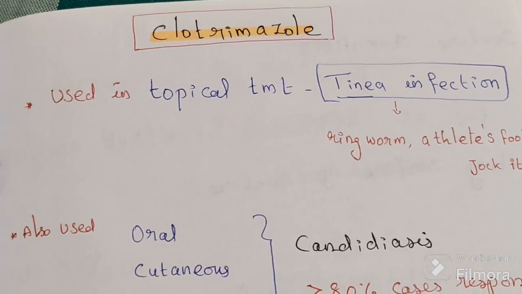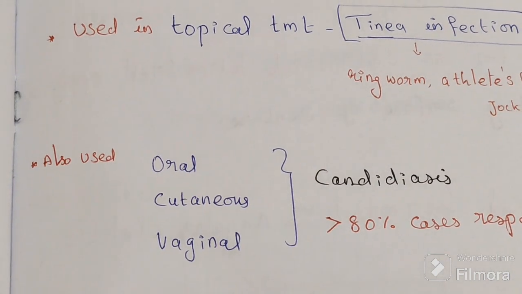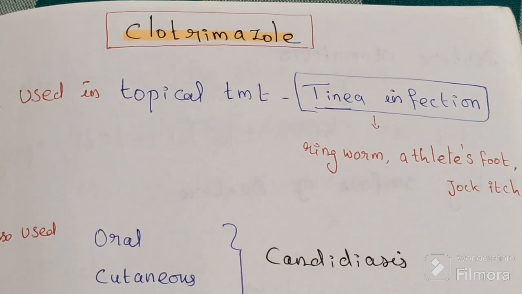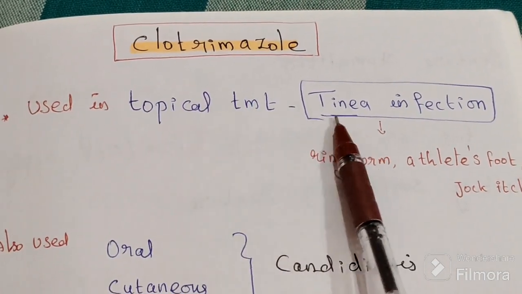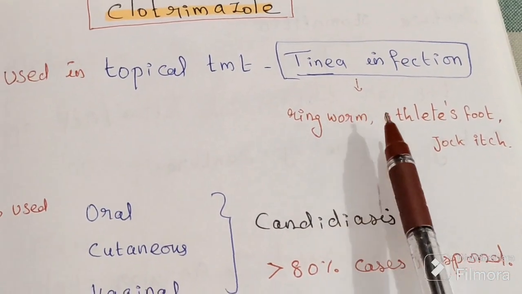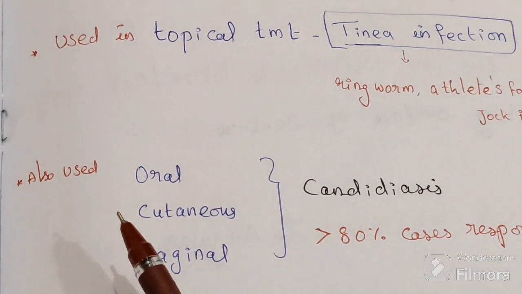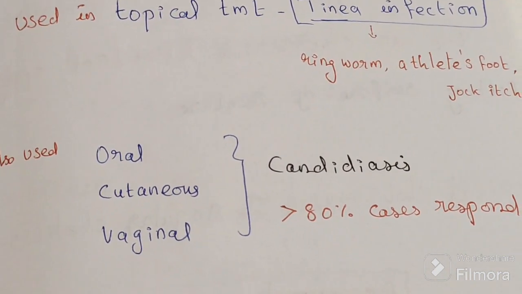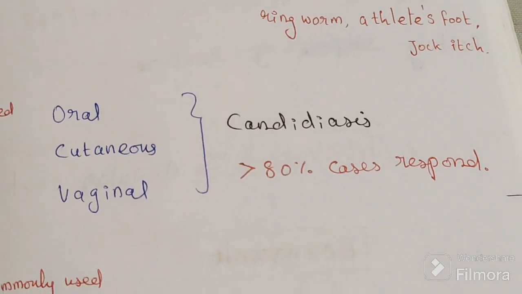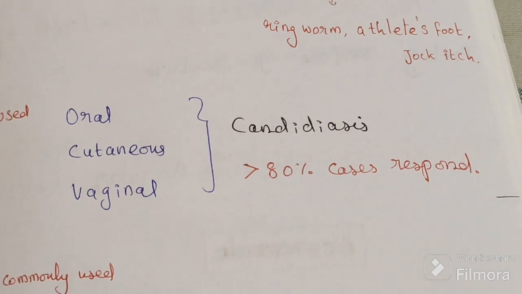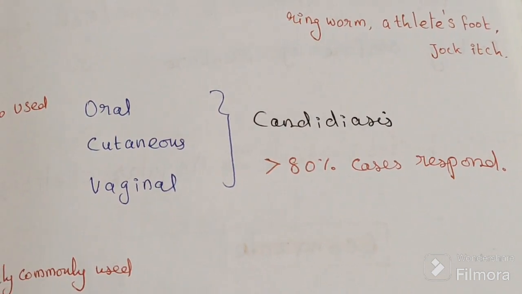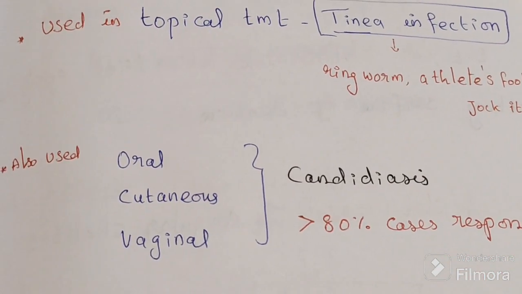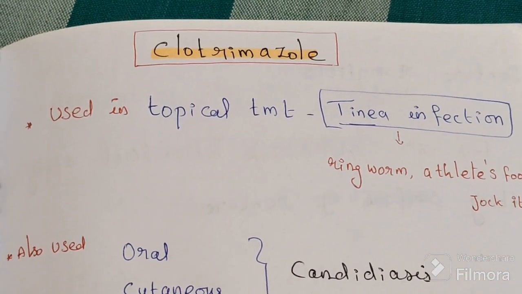It is also used for oral, cutaneous, and vaginal candidiasis. More than 80% of cases of candidiasis respond to clotrimazole.